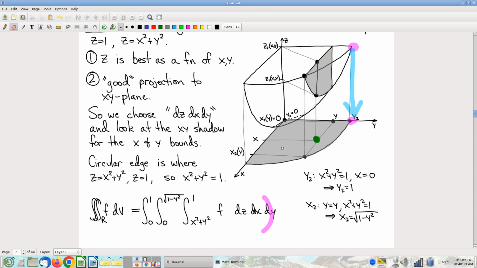Then likewise, if you pick a slice, again, our Y slices look like this. Y slices of our projection look like that. Let's talk about the range of values of x. Well, the x slices of my y slice look like that.